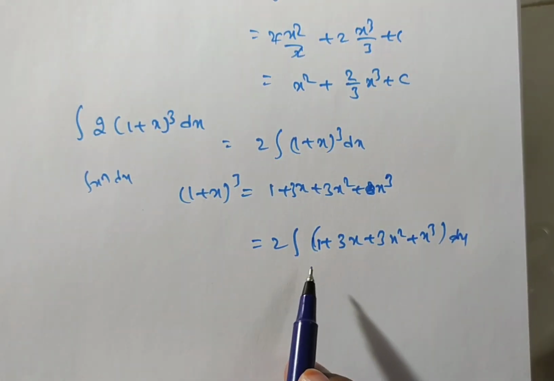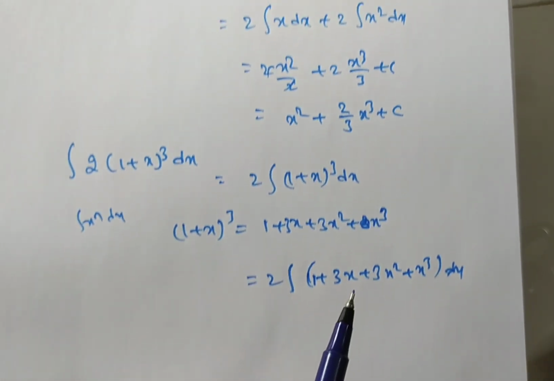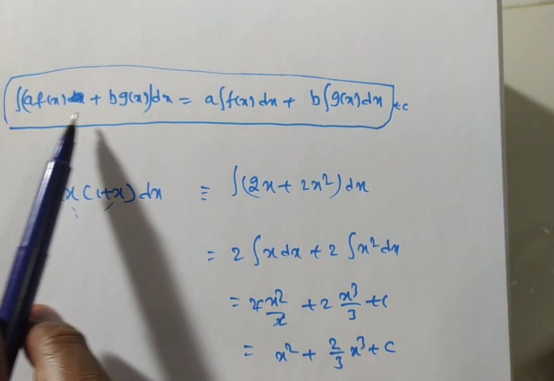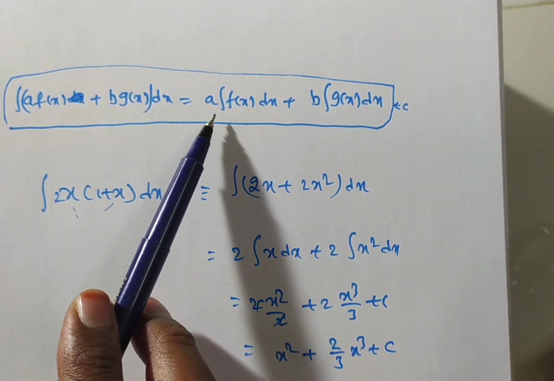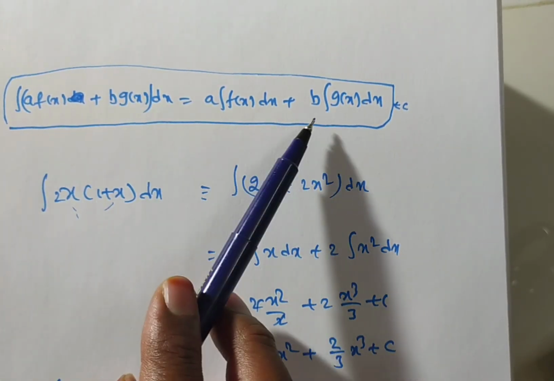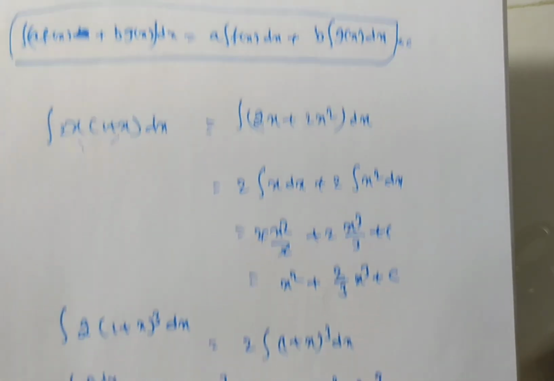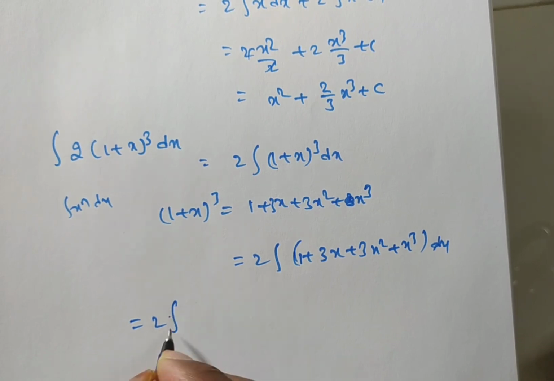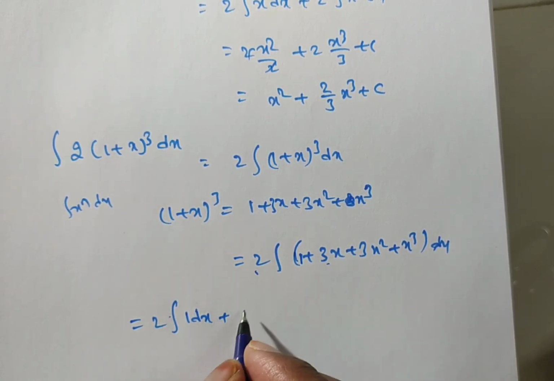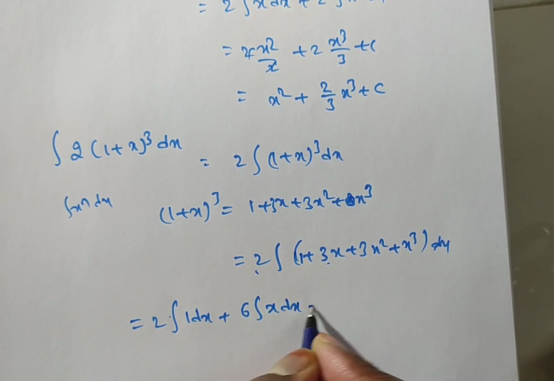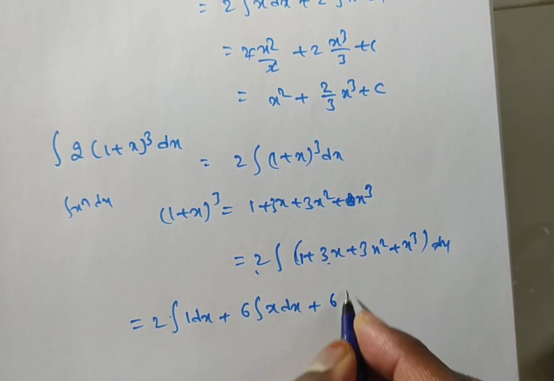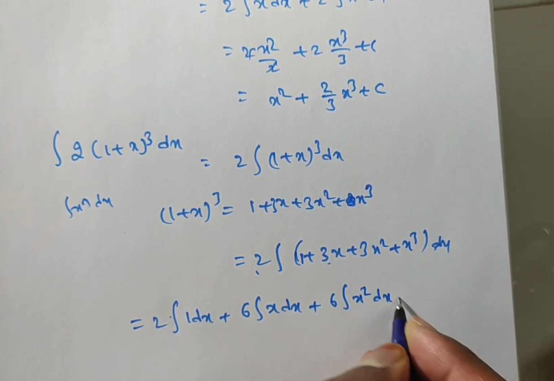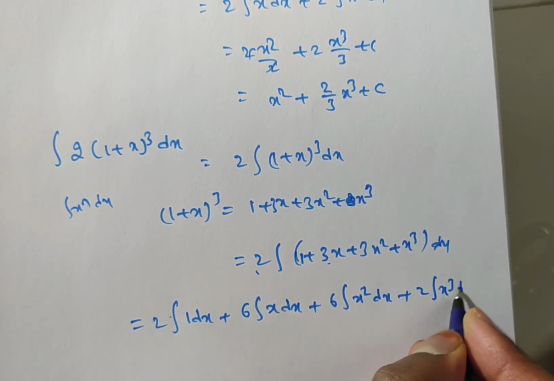Now this is where you can apply the linearity property, that is a times f of x plus b times g of x form. So you can write a times integral of f of x dx plus b times integral of g of x dx. So now you can write 2 times integral 1 dx plus 2 times 3, which is 6, integral x dx plus 2 times 3, which is 6, integral of x square dx plus 2 times integral x cube dx.